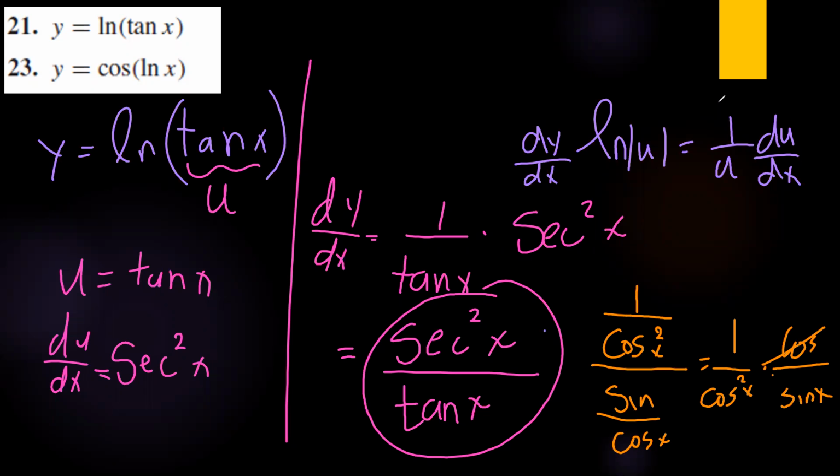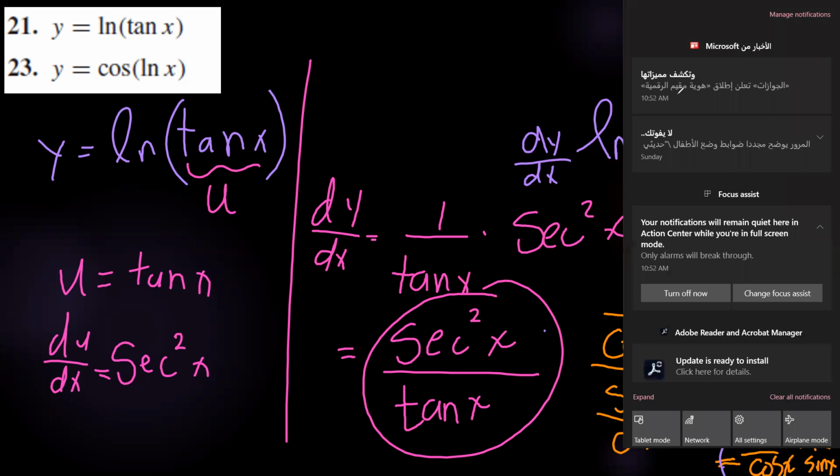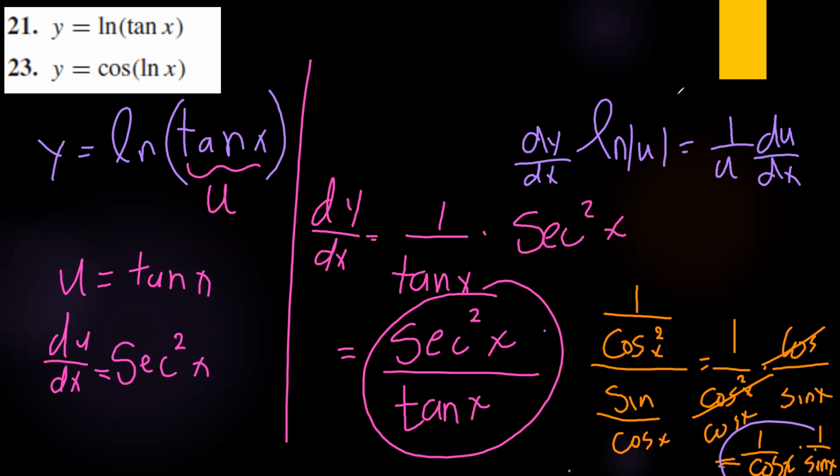So cancel cosine, and the final answer will be 1 over cosine x times 1 over sine x. So this is correct, and this is also correct, as 1 over cosine times 1 over sine. Is it clear?